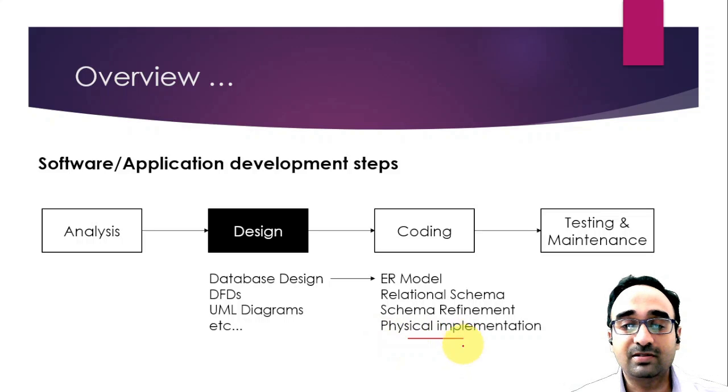And the last one is physical implementation of the schema, where you are going to write SQL queries and create different tables, primary keys, foreign keys, etc. That is called physical implementation. So I hope you understood what is the goal of this module, the schema refinement. In the next video, we are going to start with the first topic, which is introduction to schema refinement.